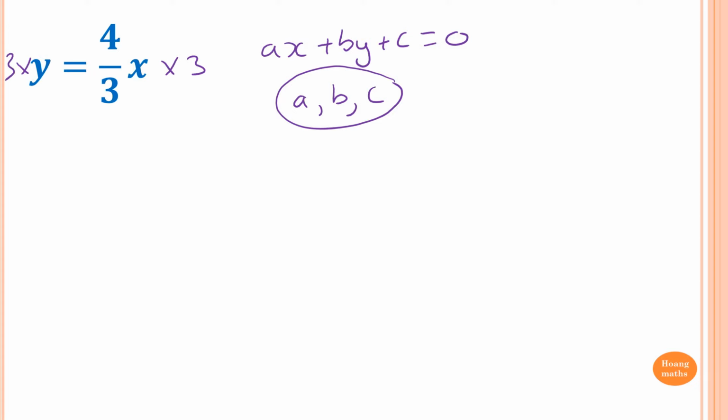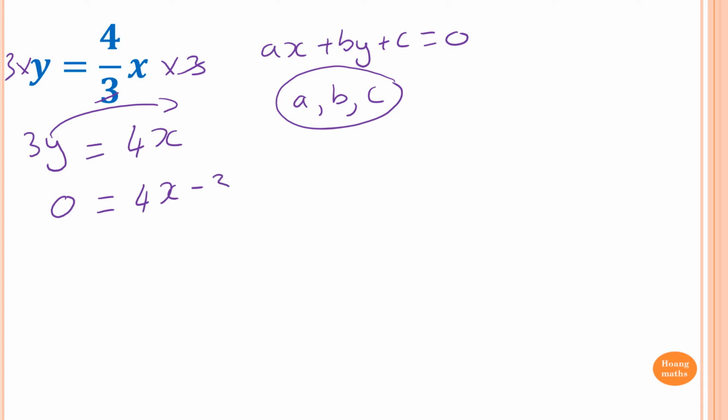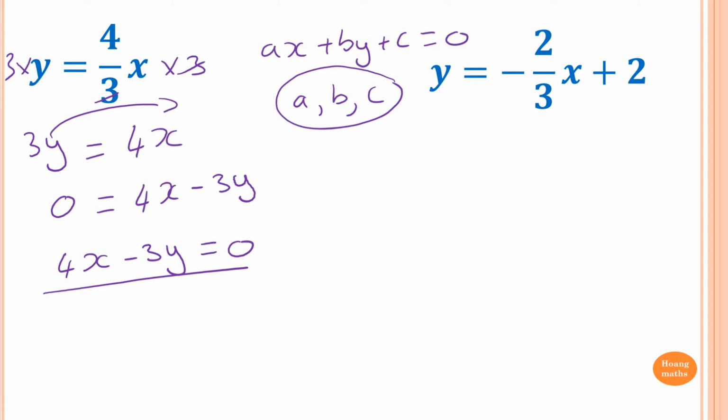So that becomes 3y is equal to, this one cancels with that, left with 4x. Then I move the 3y to this side, because x is already positive. Whichever side you like, but make sure the coefficient of x is positive. So this is minus 3y. But then we normally write like this. So minus 3y is equal to 0. That's all.